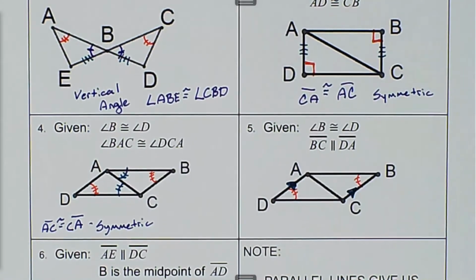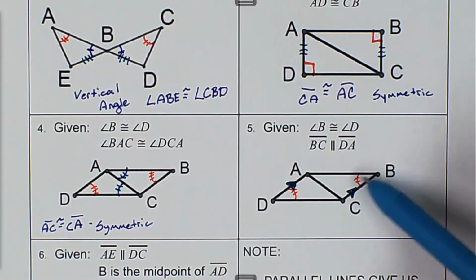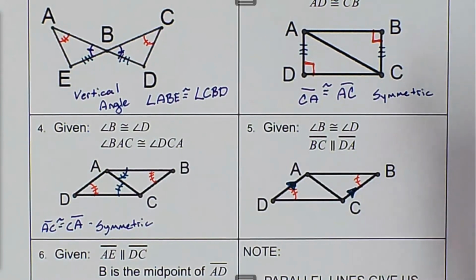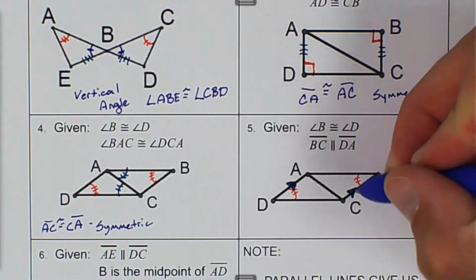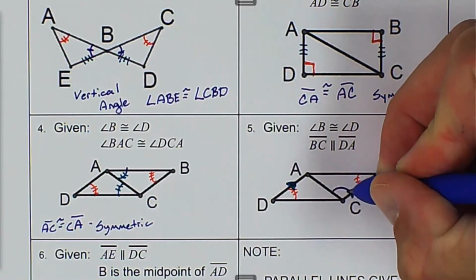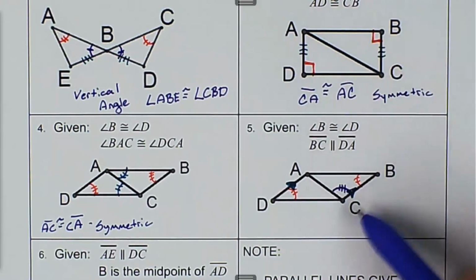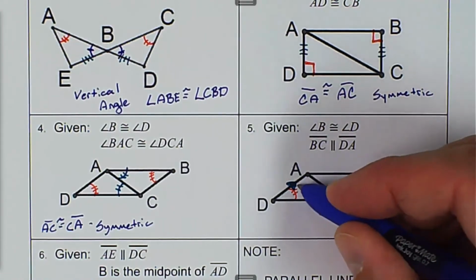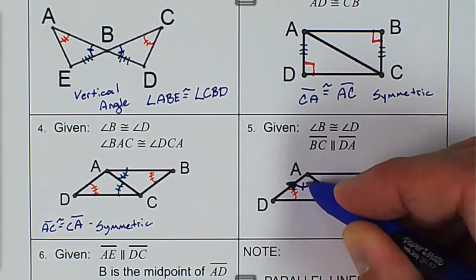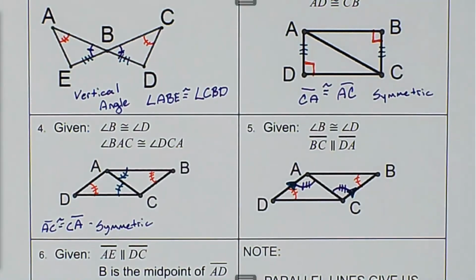So those two lines are parallel. So if we have two parallel lines that are cut by a transversal, we should know some things about that. And on this side, we have this angle over here. And we already used 2, so I'll put 3. So that's one parallel line cut by a transversal. We should know something about this angle right here is also congruent.